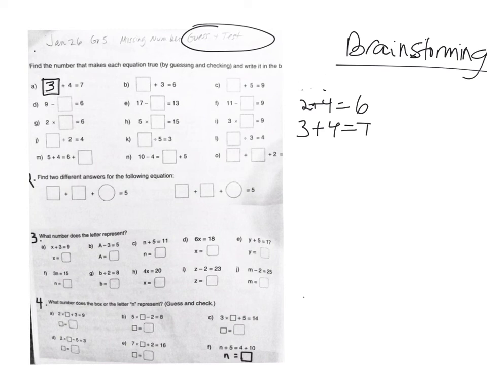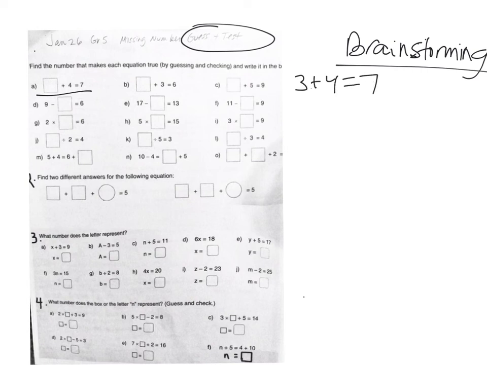But you might know your math facts really well, and you might look at this statement, unknown number plus 4 equals 7, and you might say to yourself automatically, I already know that 3 plus 4 equals 7 because I know my addition facts. I have them memorized. So that's a way that you could find the answer as well.